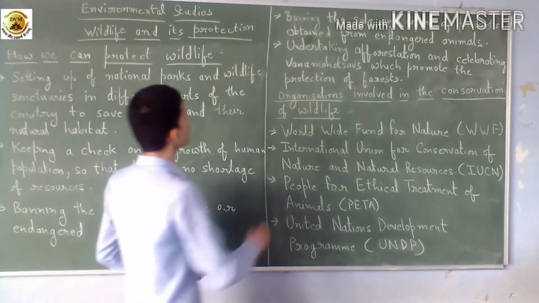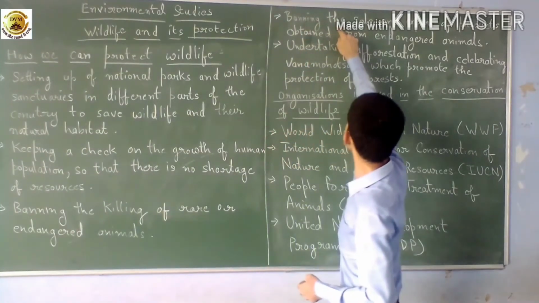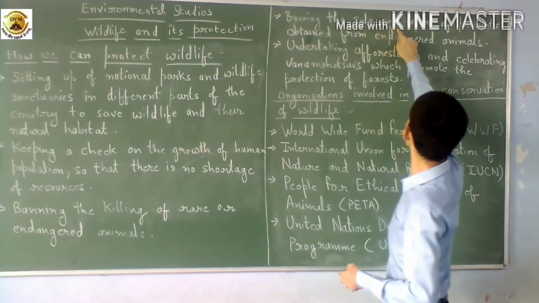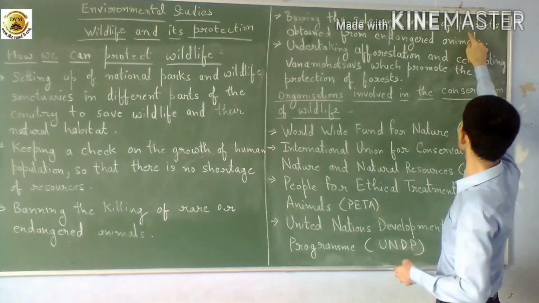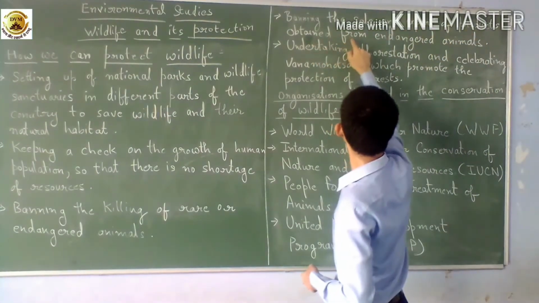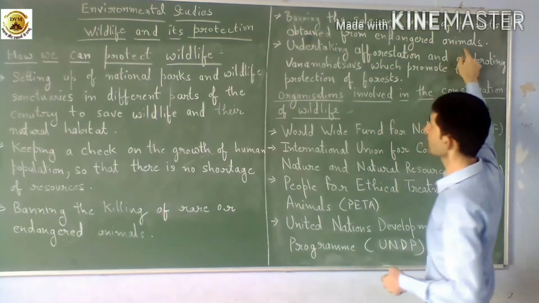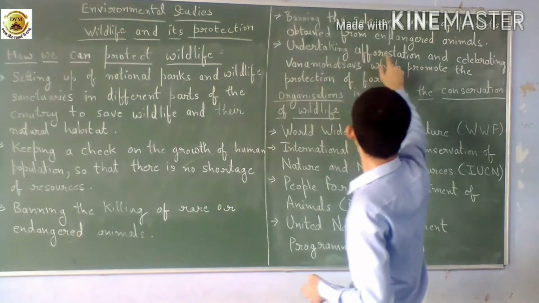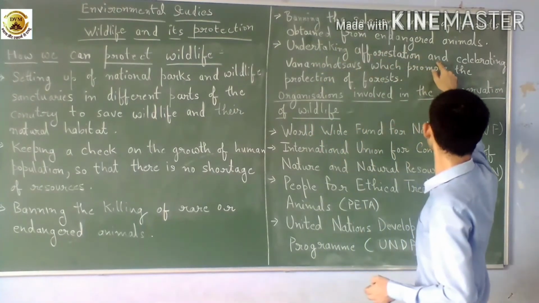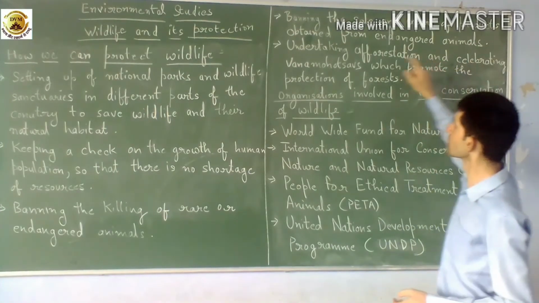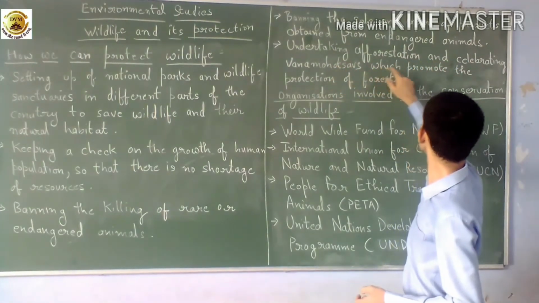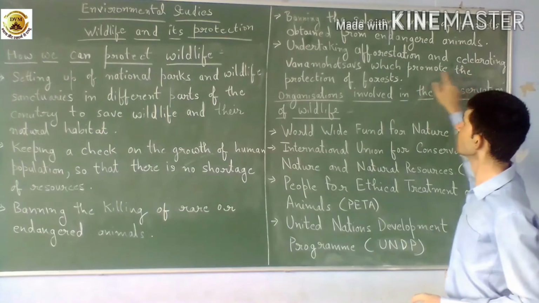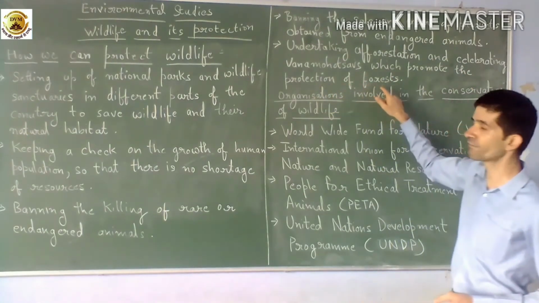Point number 4, banning the sale and export of products obtained from endangered animals. And point number 5, undertaking afforestation and celebrating Van Mahotsav, which promote the protection of forest.